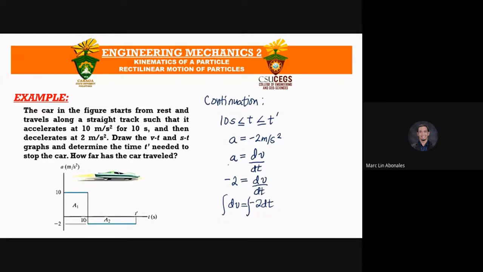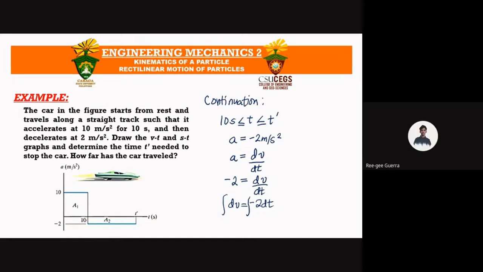Pero diri sa dv kaning sa left side, wala ta kabaloi ang iyahang lower limit. So for us to determine unsa ang velocity niya when the time is 10 seconds, we will use the expression that we solved kanina. So what was the expression?